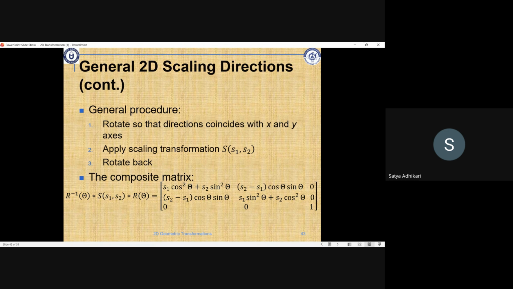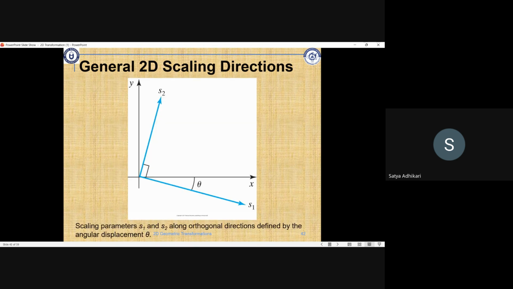You see the same thing is written. The general procedure is to rotate so that the directions coincide with the X and Y axes. So you see the object is there, with S1 and S2. We first make the rotation so that S1 coincides with the X axis and S2 coincides with the Y axis.